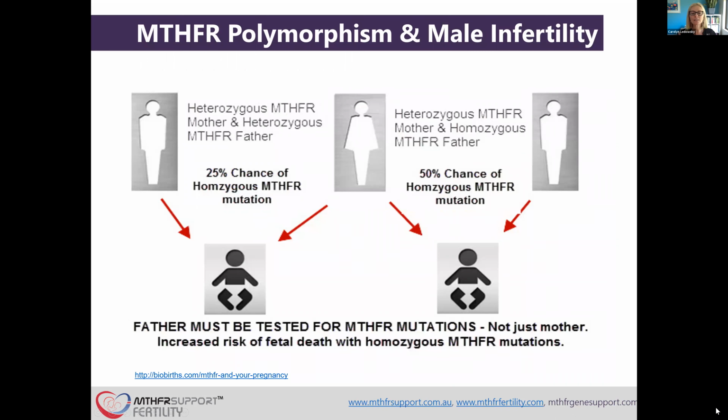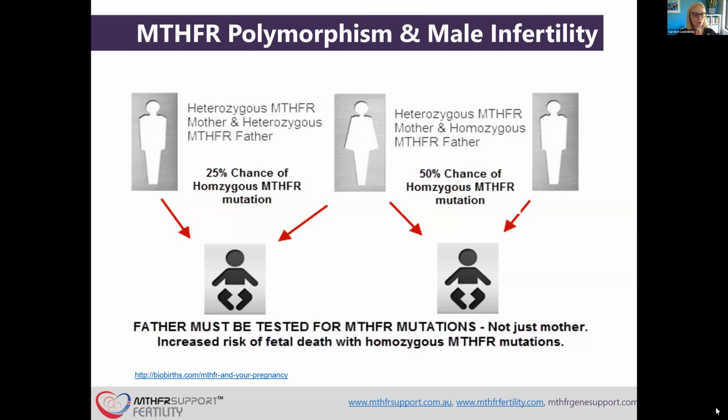Now, this is a really good graphic because it demonstrates how you should not be doing all the work here, because what your partner does, and the evaluation of your partner's genes and bloods and everything else, is really super important. So have a look at this.